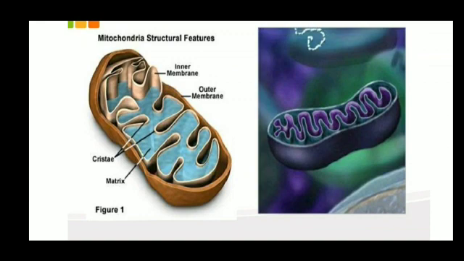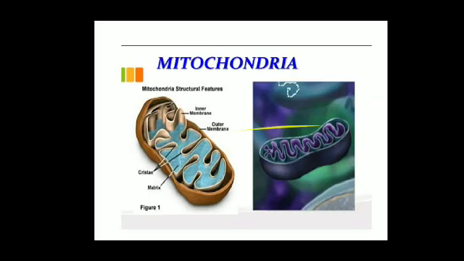The inner membrane has a folded structure called cristae, which increases the surface area to perform the function of aerobic respiration to generate energy by using glucose and oxygen. Then a jelly-like structure is there, which is called matrix.